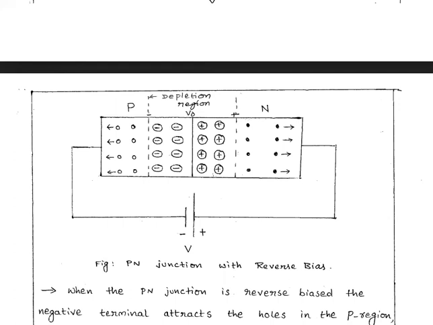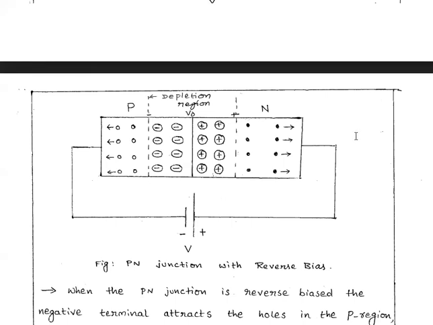But in practice, a very small current of the order of a few microamps flows under reverse biased conditions. Let us see why this current is produced.